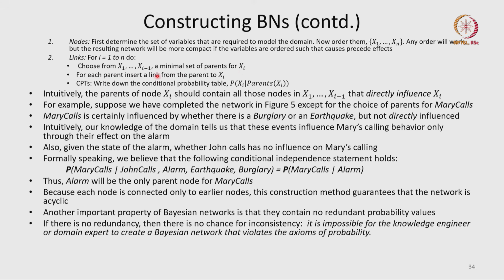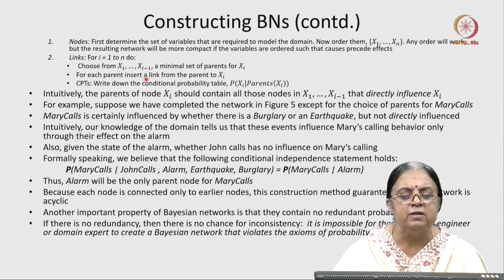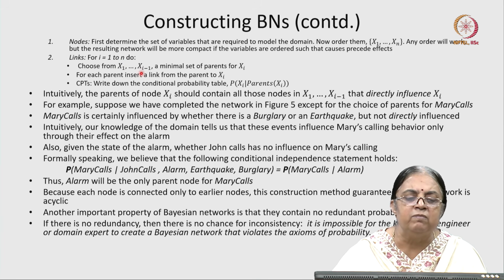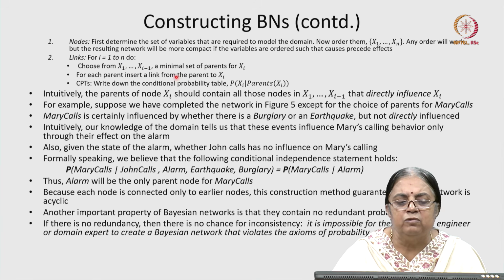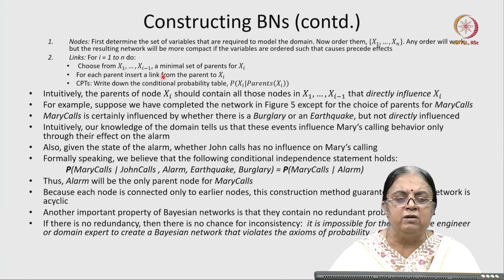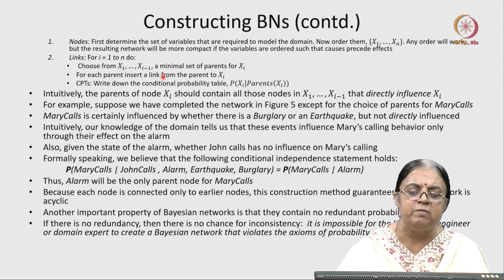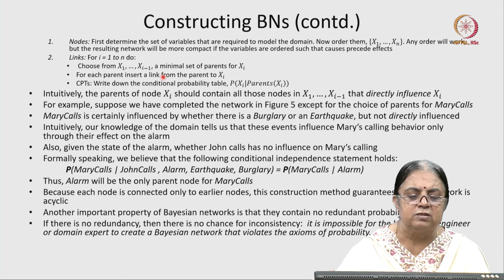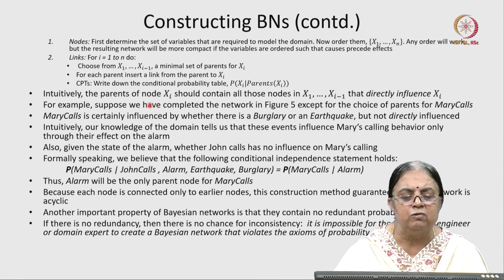For each parent, insert a link from the parent to xi, and you write the conditional probability table for every variable. So, for all the 1 to n variables, you find the parents, write the conditional probability distribution and put a link between the node and the parents. That is how you are going to do this.